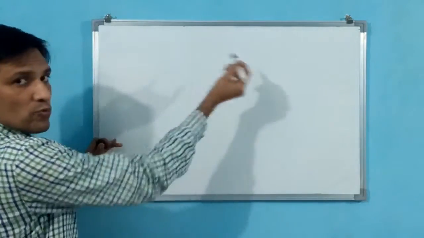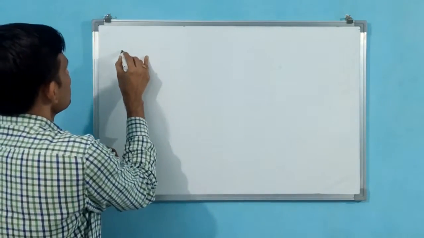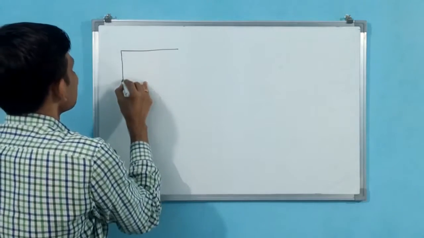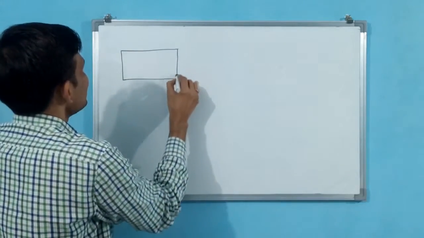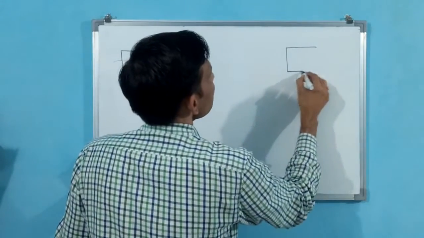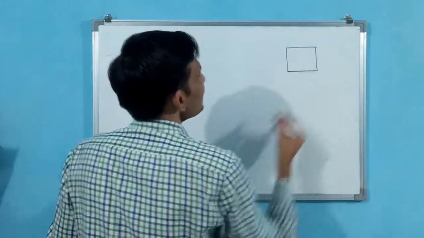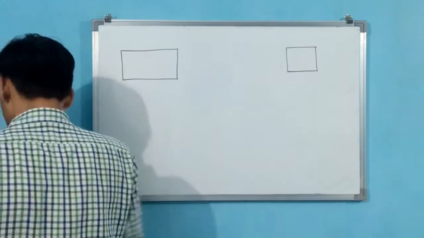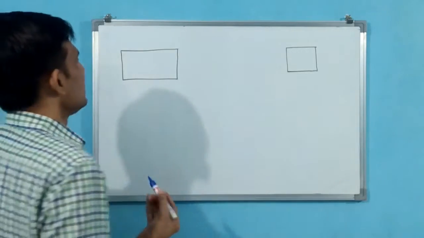So here I am drawing two figures. You just understand. This is a rectangle. This is a square, approximately by seeing the figure you can tell.